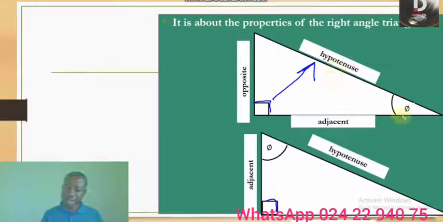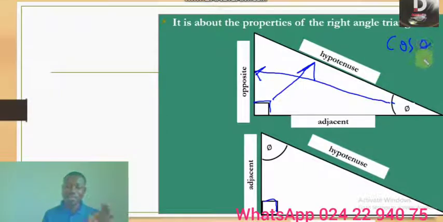Now, the angle in question, or the angle you're using to do the calculation, I'm talking about SOHCAHTOA, that angle, the side directly opposite to that angle is the opposite. Like the name sounds. So if you're writing cos theta, the side of the triangle directly opposite to that theta is your opposite.